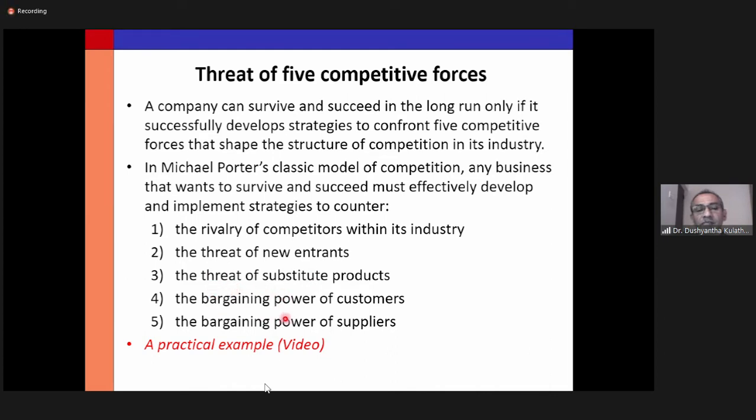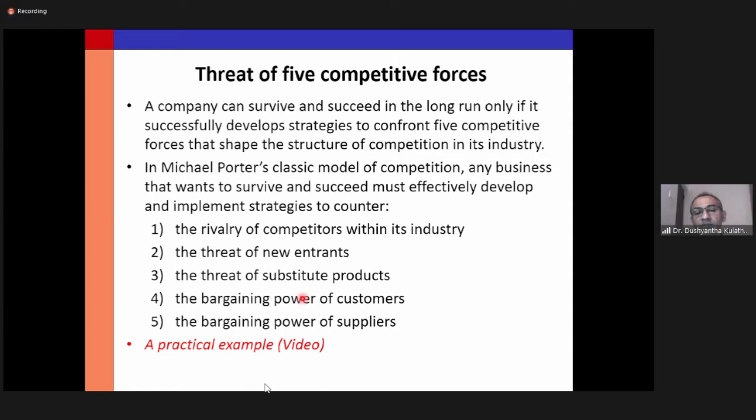Then the bargaining power of customers is another force operating in an industry. This looks at the extent to which the customers have bargaining power. Again, the bargaining power of customers can change from industry to industry depending on the circumstances.